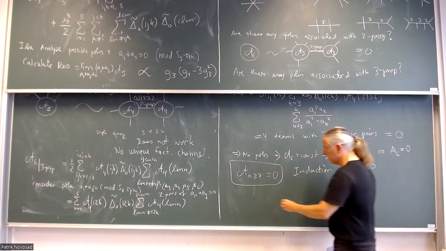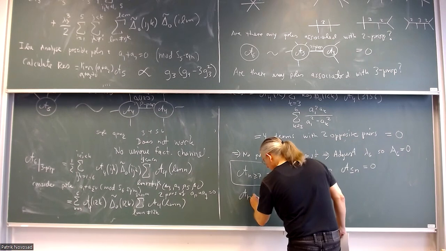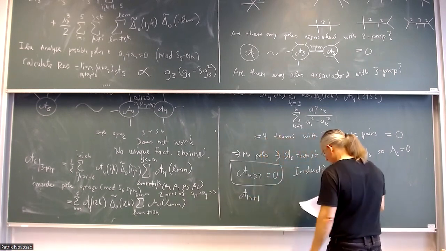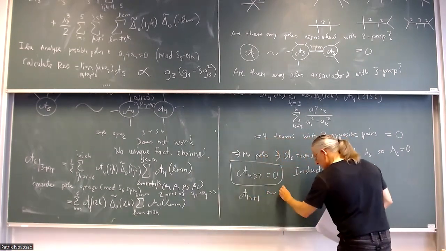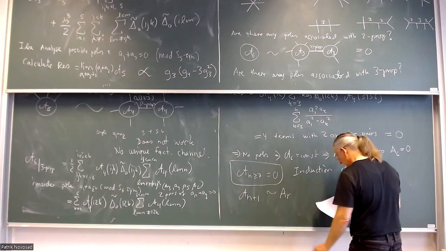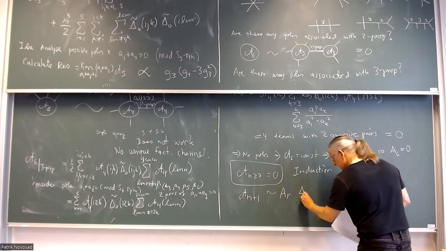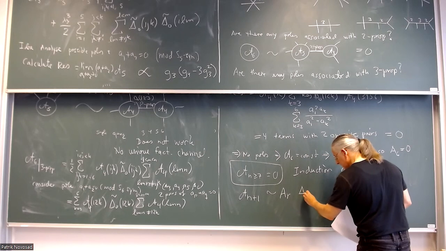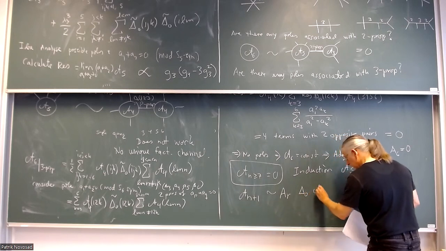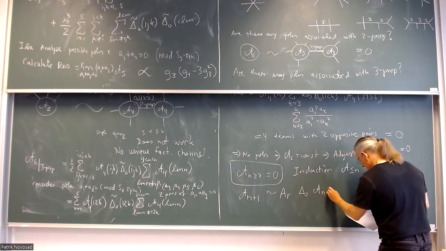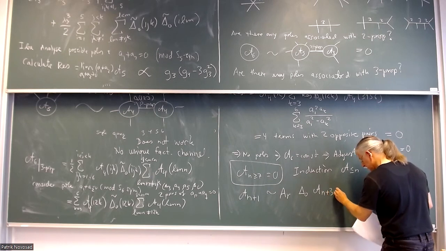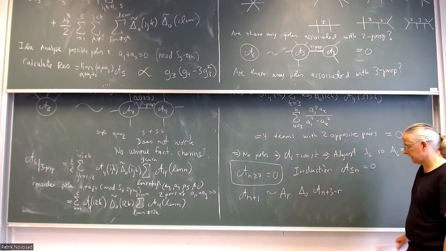And then we are going to look at A_{n+1}. And then we're using factorization, so we know that that's A_r, delta, and then A_{n+3-r}, I guess something like that.